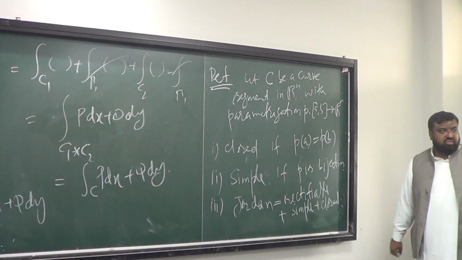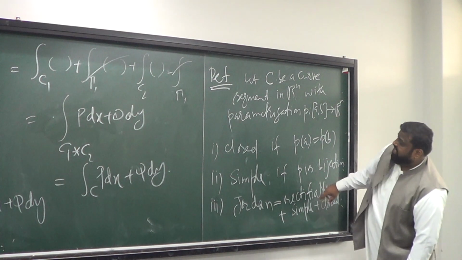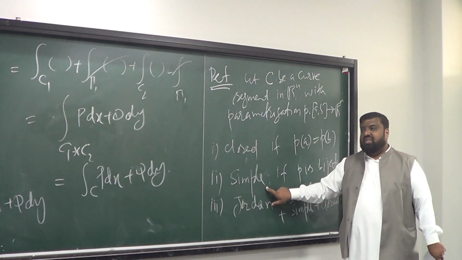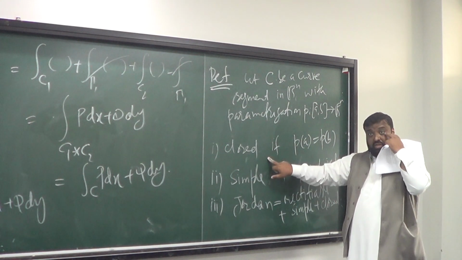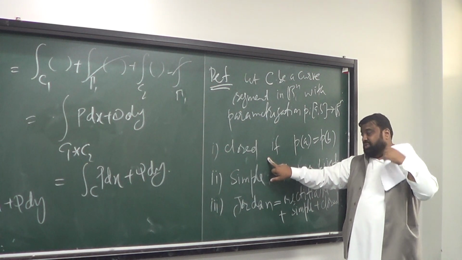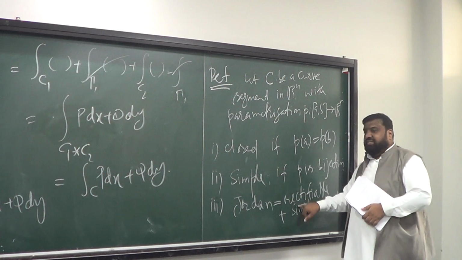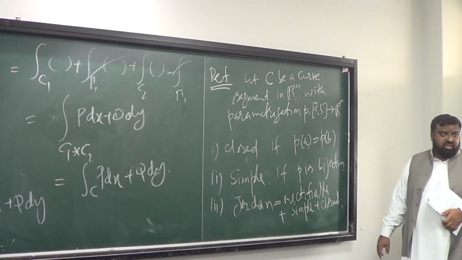So a Jordan curve is a curve which is simple, so it doesn't intersect with itself, which is closed, so it starts from somewhere and ends at the same position, and it's rectifiable. It should have a finite length. So you're going to call it a Jordan curve.